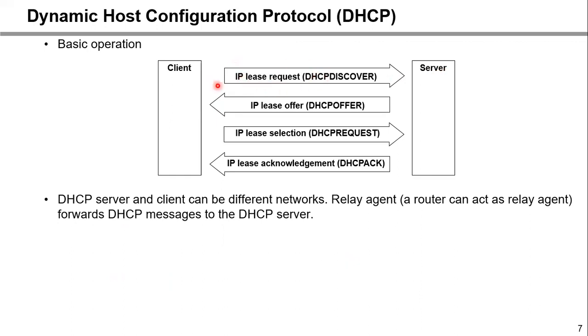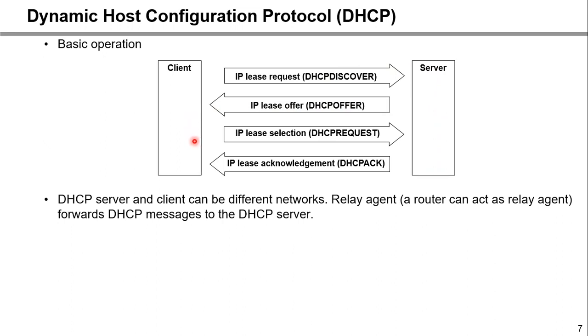Even though it is seen as going from the client to the server, it is actually broadcast in the network and only the server reads that message. Others will discard it. Once the DHCP discover reaches the server, the server sends the DHCP offer to that particular client.